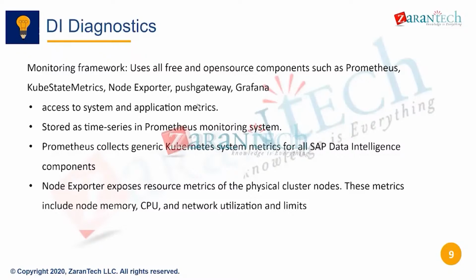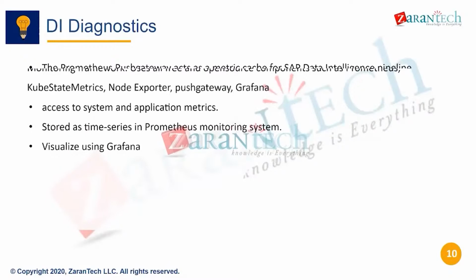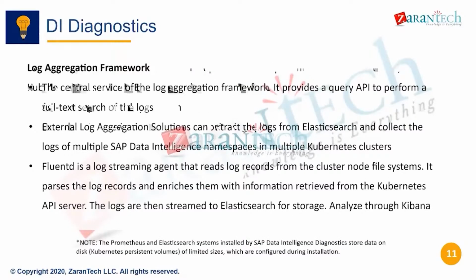Your resource metrics will also be exposed, like how much memory usage, how much CPU usage is being consumed, or what the network limitations are. All these technical details will be available in a tool like Grafana. I'll just open Grafana and tell you where you can find all this information.